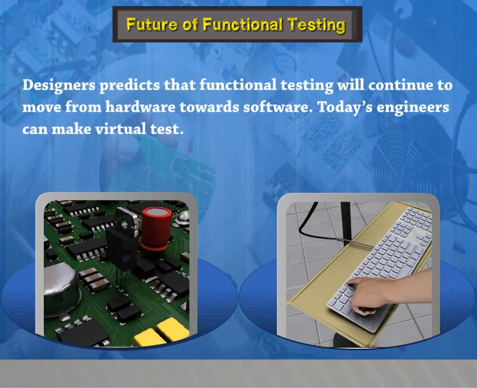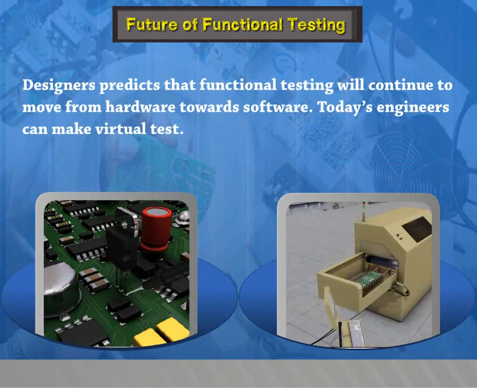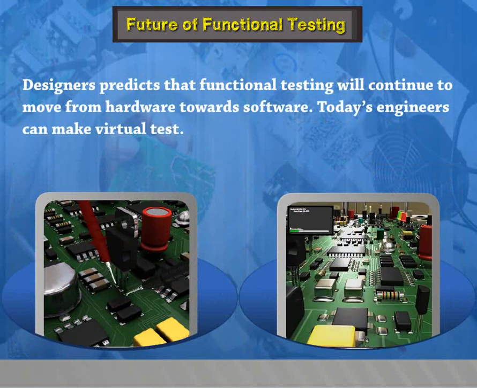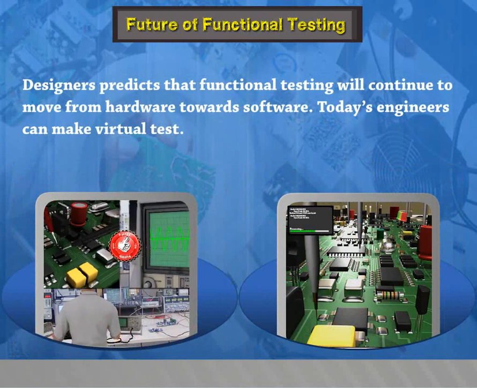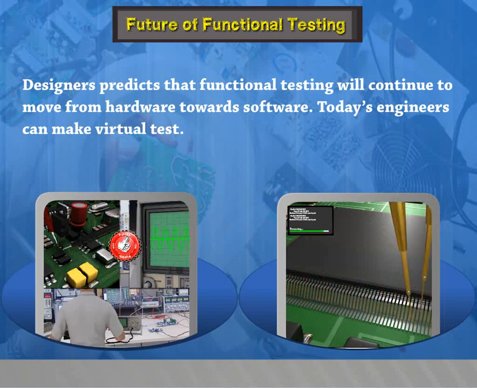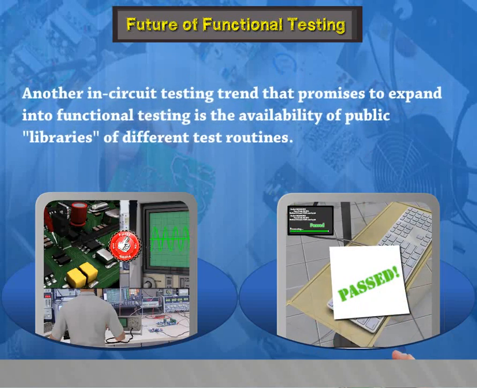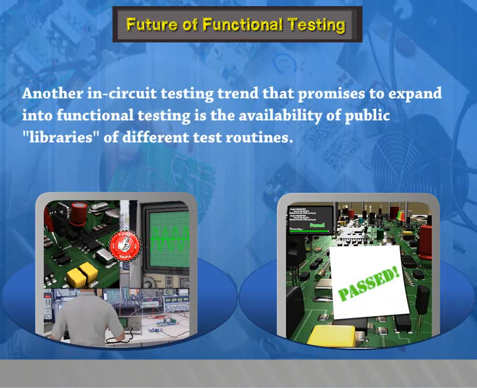Designers predict that functional testing will continue to move from hardware towards software. Today's engineers can make virtual tests. Another in-circuit testing trend that promises to expand into functional testing is the availability of public libraries of different test routines.